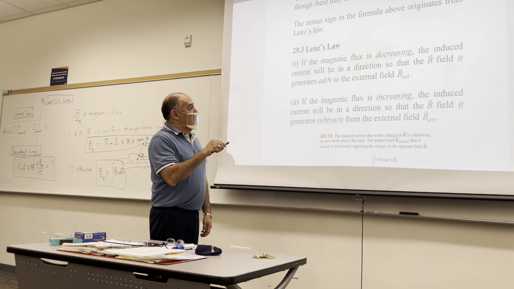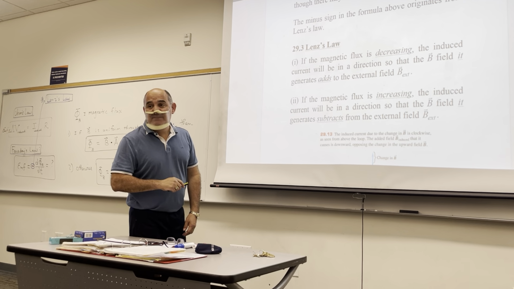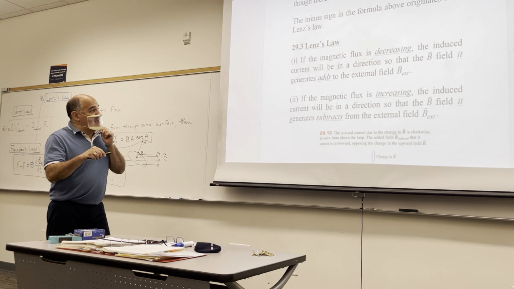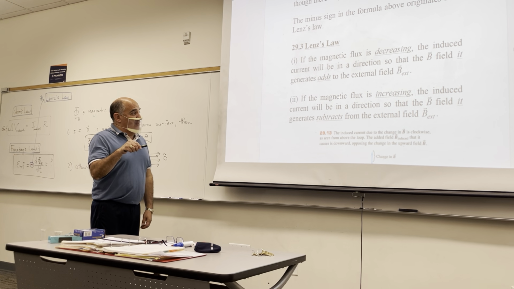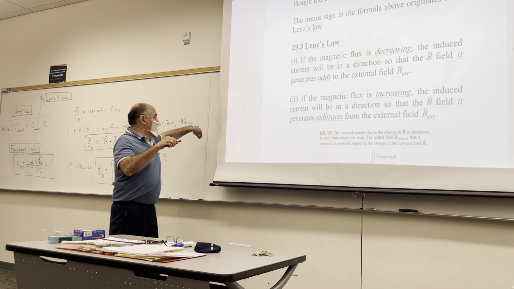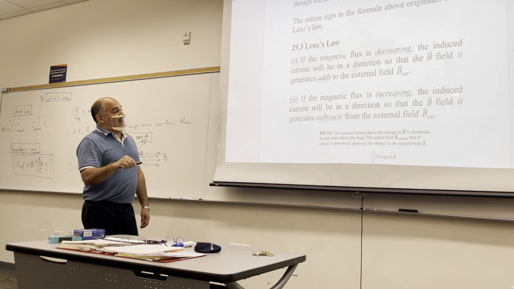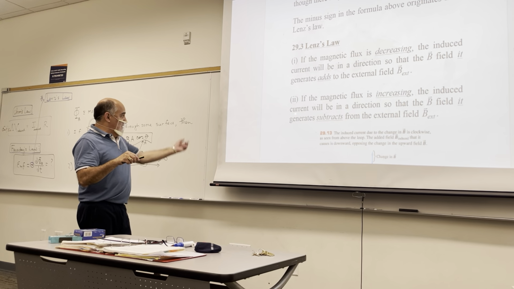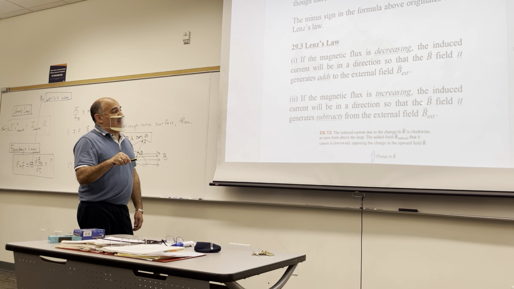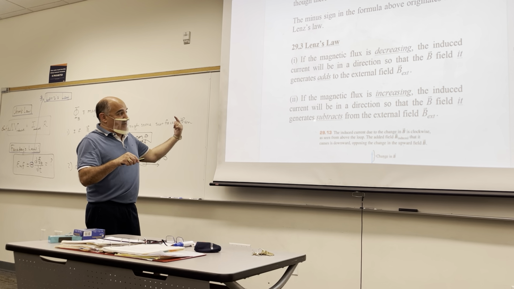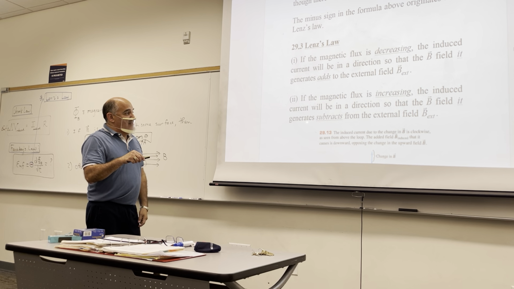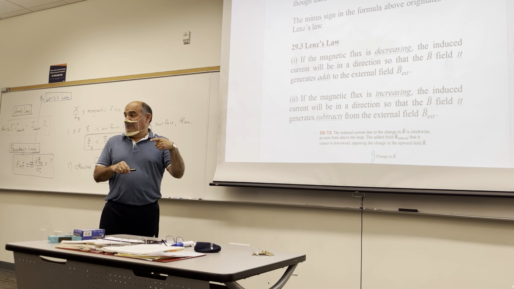In other words, it's in the same direction as the external magnetic field. But if the magnetic flux through the loop is increasing, like in this other picture when I move the magnet closer and closer, then the induced current in the ring will be in a direction so that the magnetic field it generates subtracts, meaning in the opposite direction to the external magnetic field.